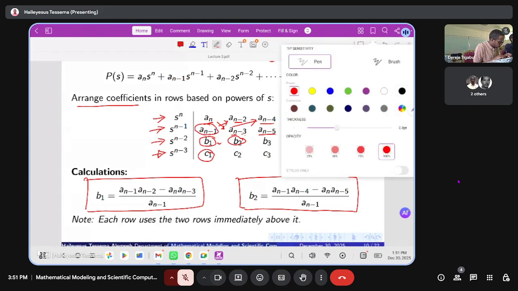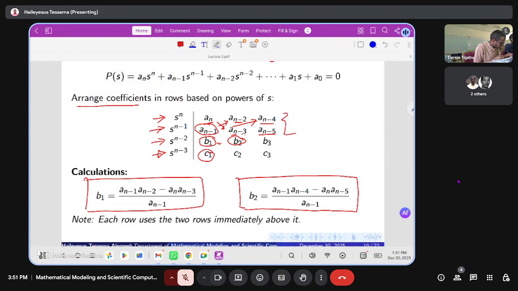C1 is equal to B1 times a_(n-3) minus a_(n-1) times B2, over B1.